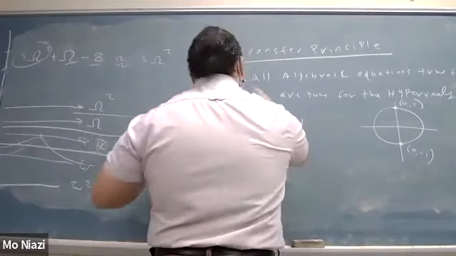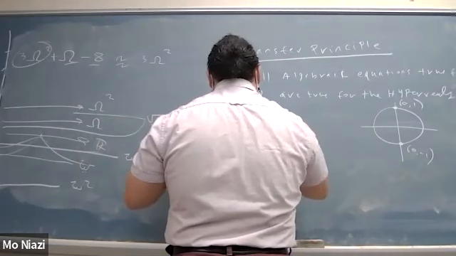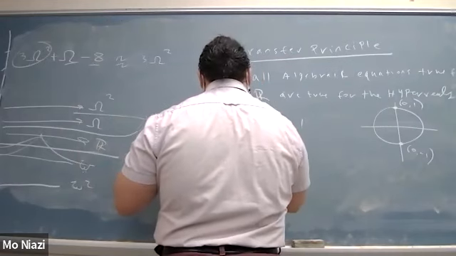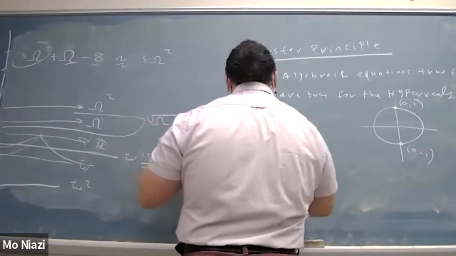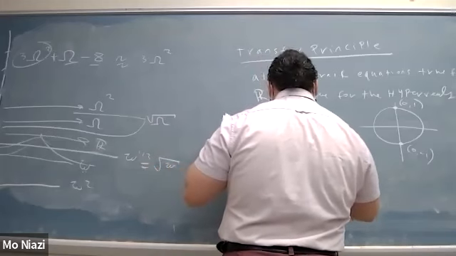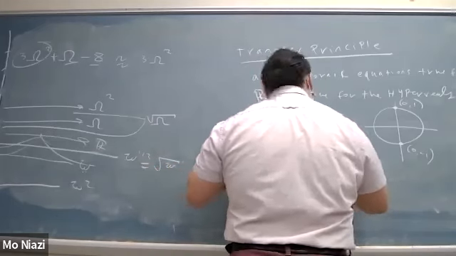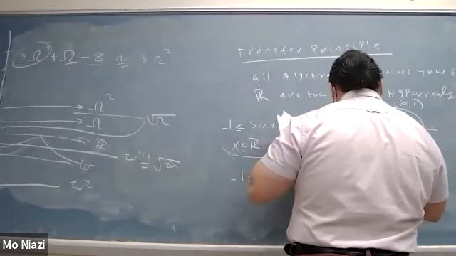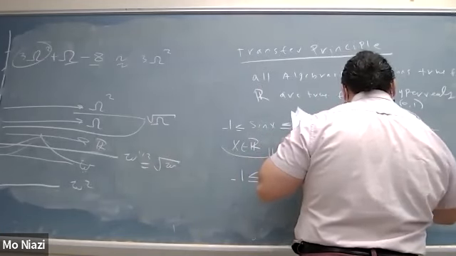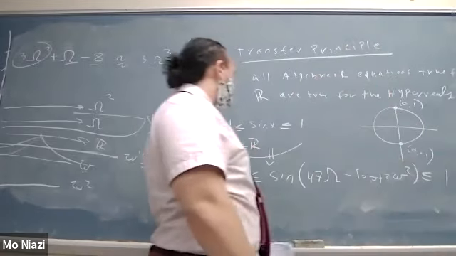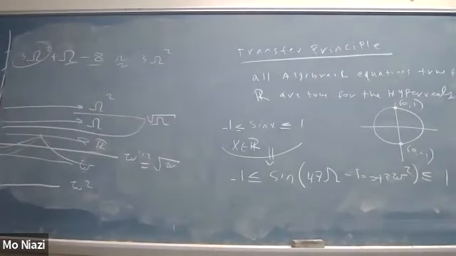But notice the transfer principle implies that this is true for such an inequality like this: the sine of 47 capital omega minus 500 plus 2 little omega squared is between -1 and 1.